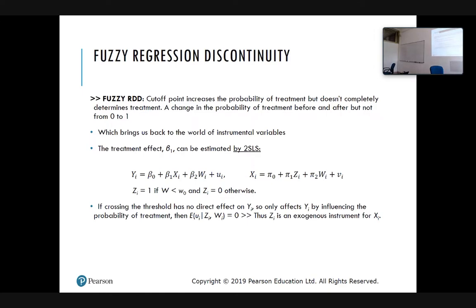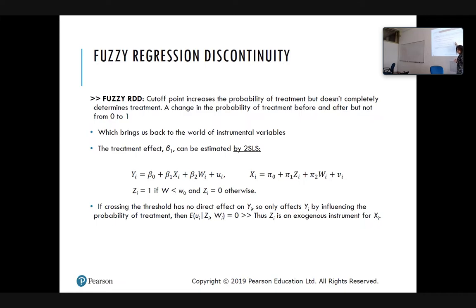variable X. And as you remember, this is the regression model that we want to estimate. The outcome variable, the treatment, the assignment variable. This assignment variable affects whether you get the treatment or not, but does not fully determine whether you get the treatment or not. How do we clean for this problem? We use a two-stage least squares where we regress the treatment, which is endogenous in this case, on everything which is exogenous.